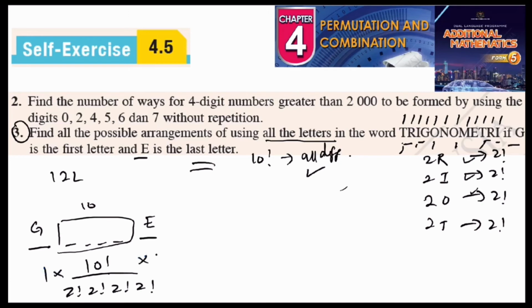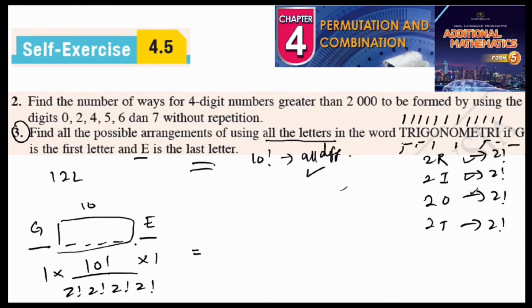Because there is only one G, we can just write one way to arrange the G and one way to end with the E. So we can just write 1P1 or 1 will do. So the working should be 1P1 times 10P10 divided by 2P2, 2P2, 2P2, 2P2, right?